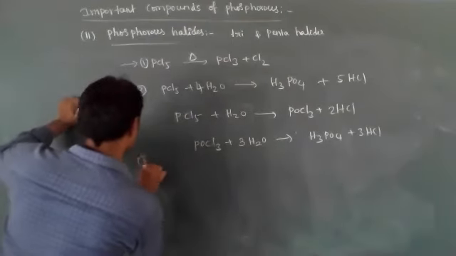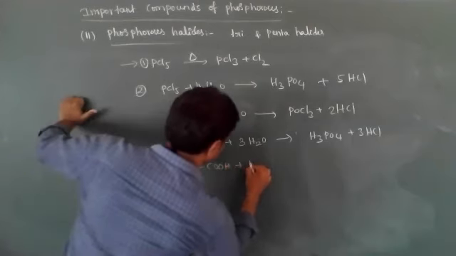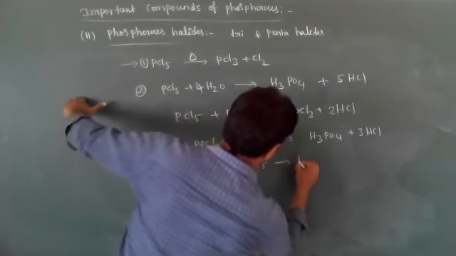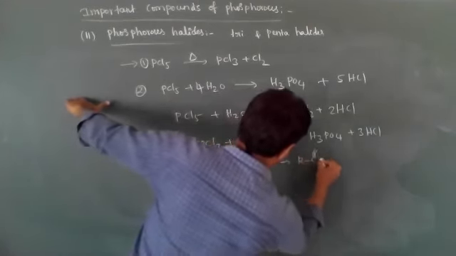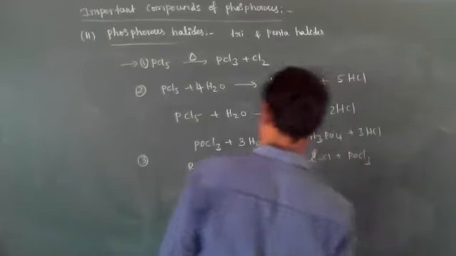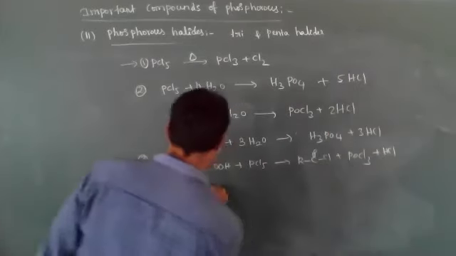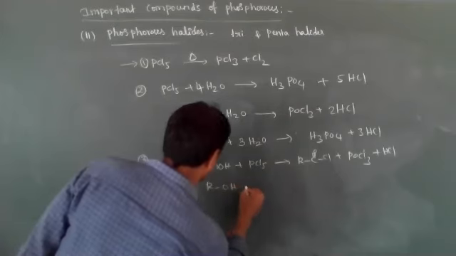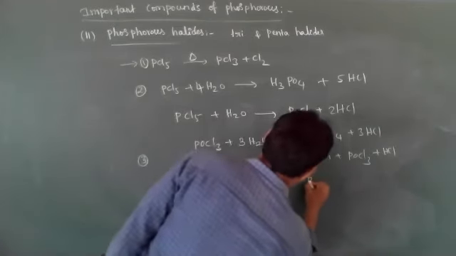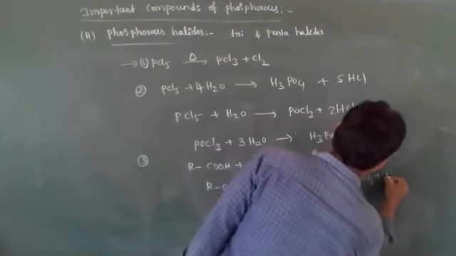In the same way, when PCl5 reacts with carboxylic acids, it forms acyl chlorides. The byproducts are POCl3 plus HCl. In the same way, when it combines with alcohols, it forms alkyl chloride plus POCl3 plus HCl.